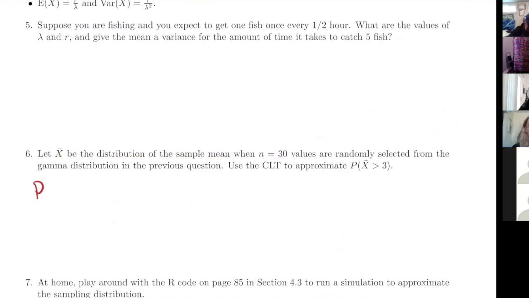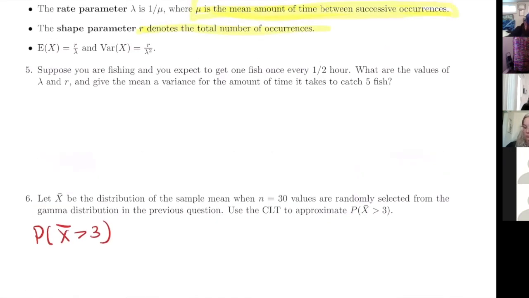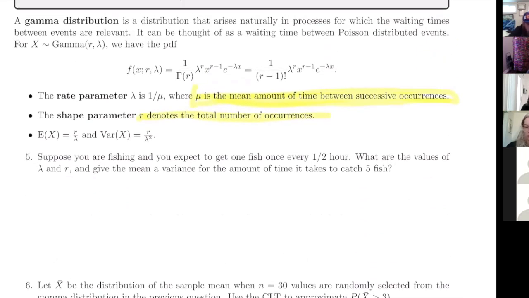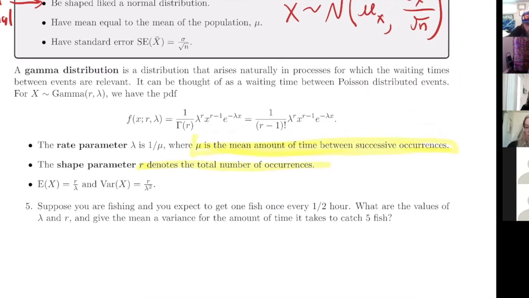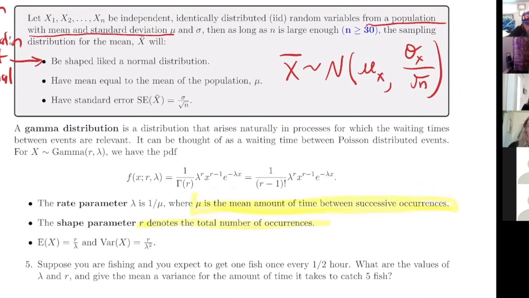Here it's asking us to approximate the probability that X bar is bigger than 3. Any questions?